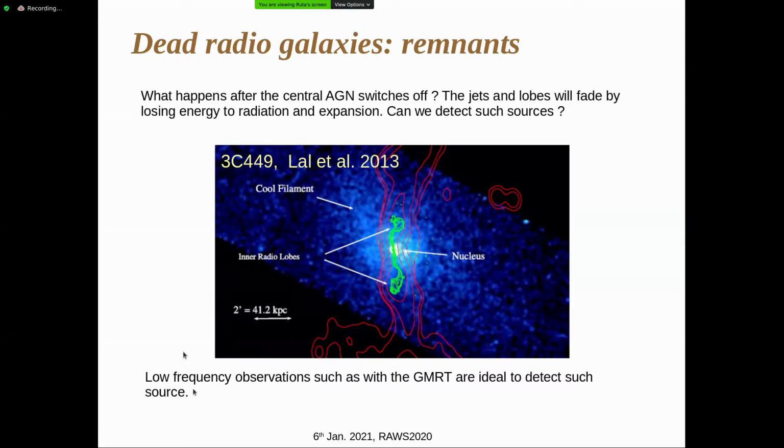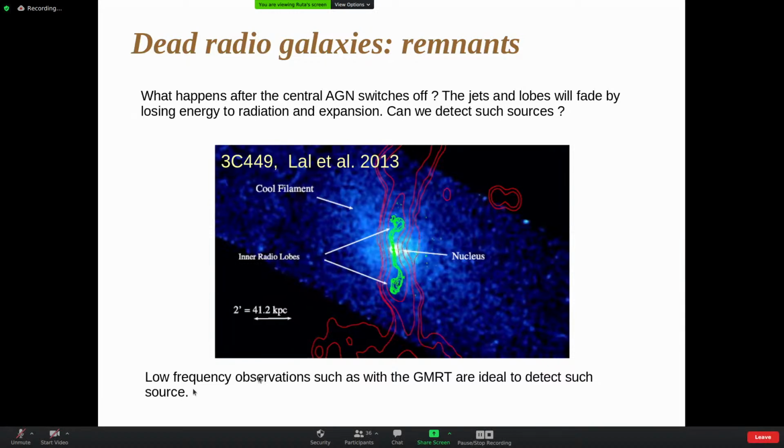Going through the highest frequencies like the gamma rays all the way up to radio, we can see a different view of galaxy clusters, and each of these views is telling us a little more about the physical condition of the baryonic matter and the dark matter in these systems.